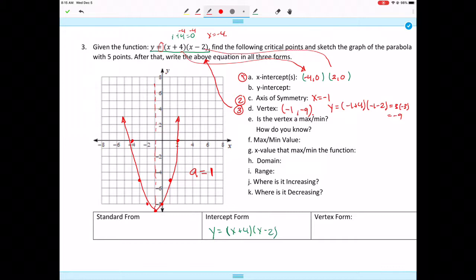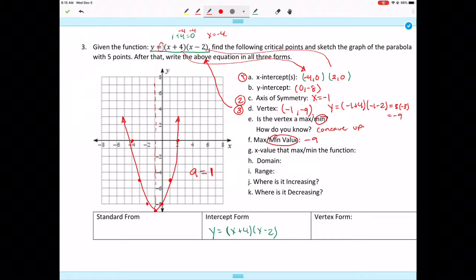Y-intercept, we look at the graph where the graph crosses the y-axis. That is 0, -8. Is there a maximum or a minimum at the vertex? Well, it's a min. And how do you know? Concave up. And what is that minimum value? -9.